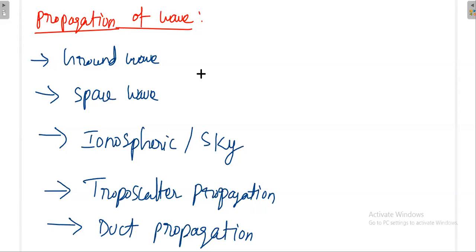Based on the frequency, sigma divided by omega epsilon, for high frequency it is acting like a dielectric, and for low frequency it is acting like a conductor. That means ground wave supports the low frequency, but not the high frequency. So wave propagation depends on both the frequency of operation and the nature of the environment.